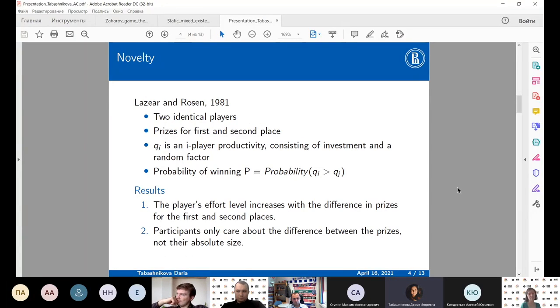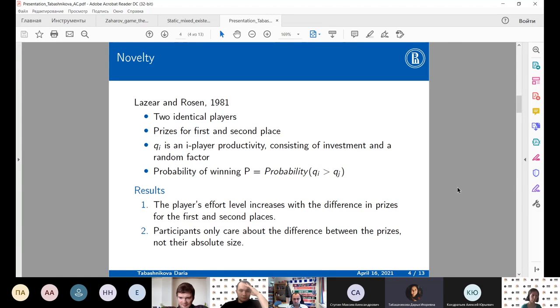I will outline 3 main papers related to this topic, and the first one is Lazear and Rosen. They were pioneers in tournament theory, but they focus only on 2 identical players. So they have only 1 match, but they also take stochastic components, because they developed this tournament theory in the labor market.